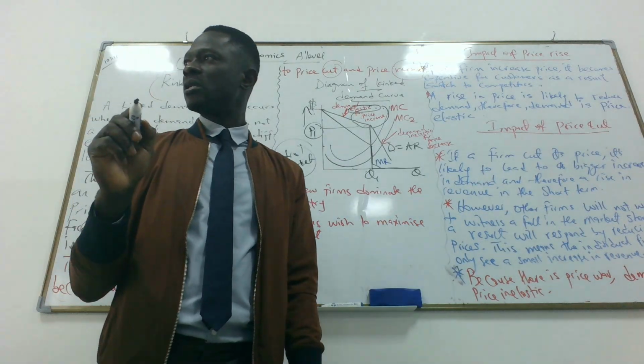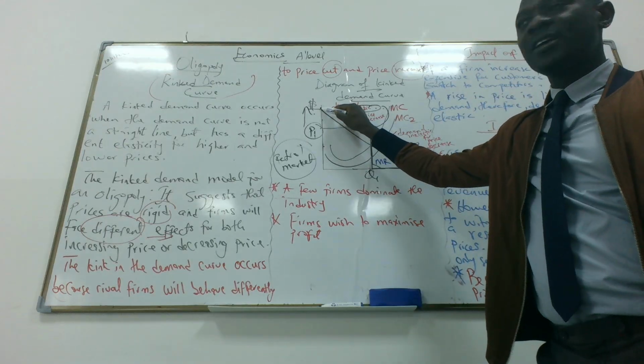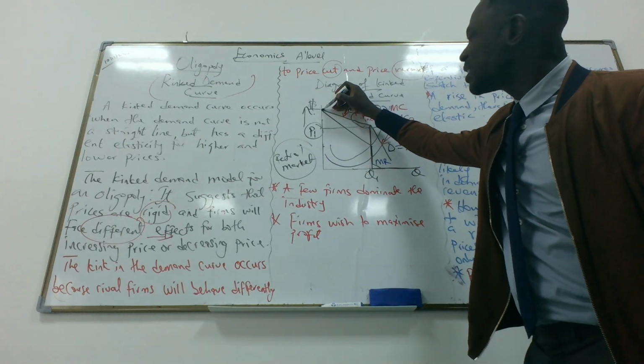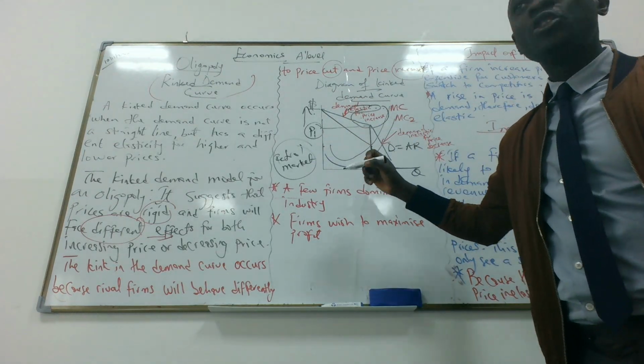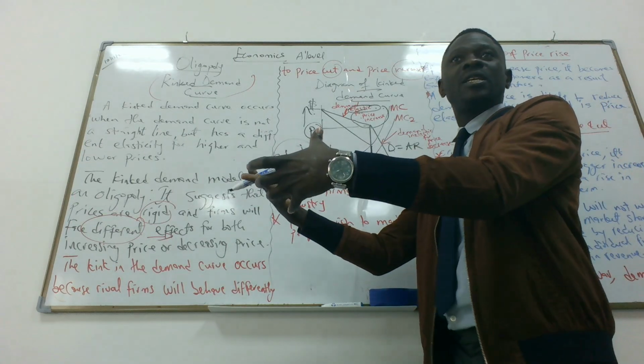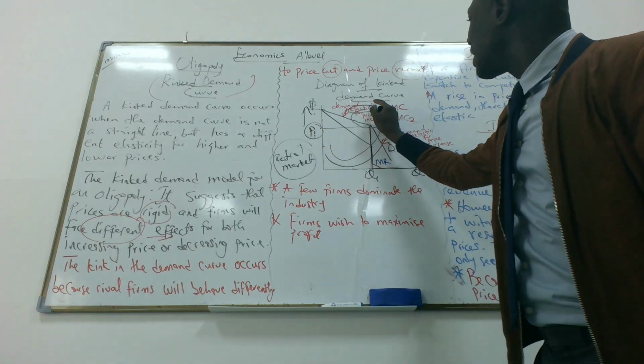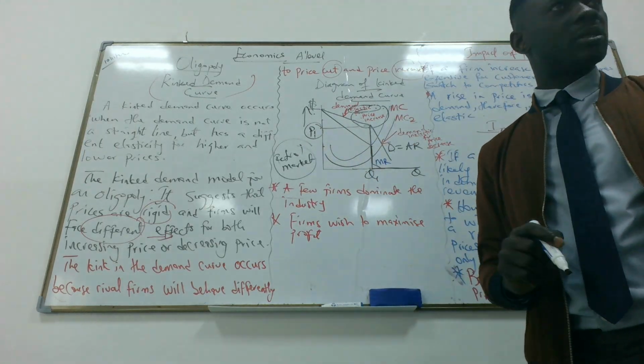Do you get it or not? A rise in price from P1 or K, in the short run, means the quantity demanded for your product reduces. No one will want to buy your product anymore. Consumers will switch to buy from your competitors. So a rise in price will bring about what? An elastic demand for your products.